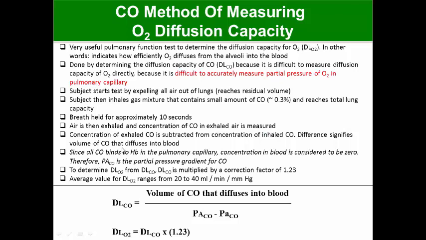Now, the concentration of exhaled carbon monoxide is subtracted from the concentration of inhaled carbon monoxide, and the difference between these two signifies the volume of carbon monoxide that has diffused across the alveolo-capillary membrane.